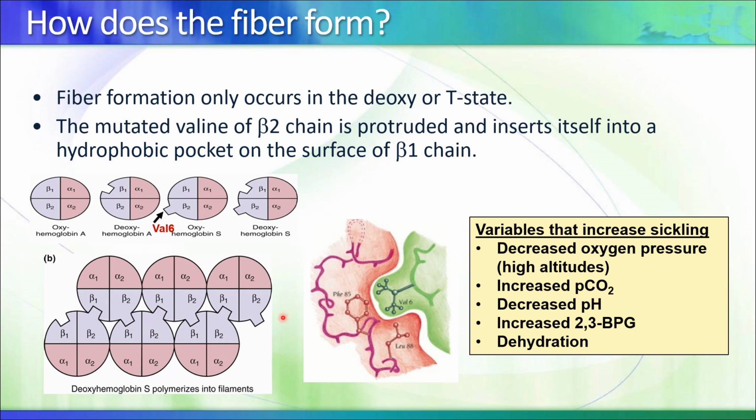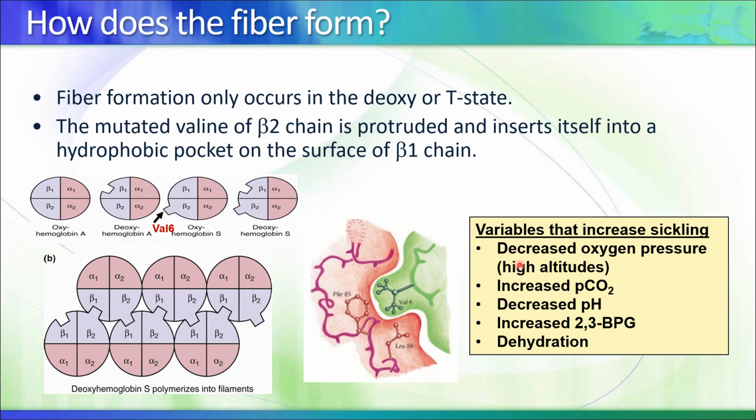So remember that I said that sickling increases with repeated oxygenation-deoxygenation cycles. So there are certain variables that increase sickling. One of them is decreased oxygen pressure, which means that you have a high probability of having a molecule that looks like this.